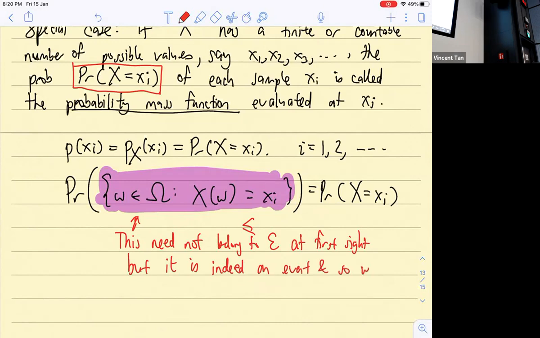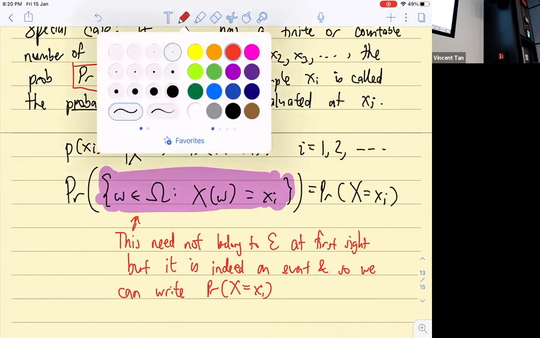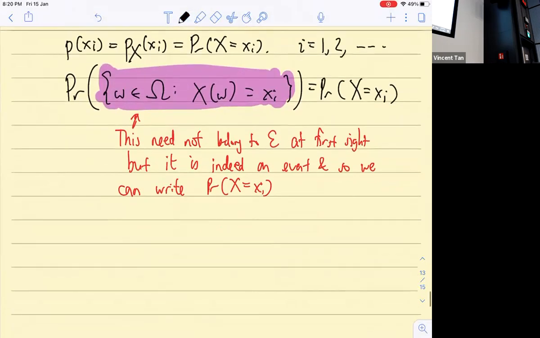And so we are allowed to write probability X equals Xi. Okay, that's my remark. You see, we cannot anyhow do things. We have to do things systematically and slowly.